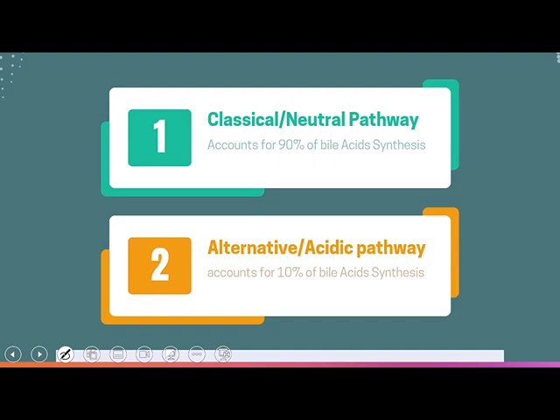So from the hepatocytes, it needs to be transported to the mitochondrial matrix for its metabolism to bile acids. So what in the hepatocytes leads to the transport of the cholesterol from the cytosol to the mitochondrial matrix for its metabolism to bile acids?